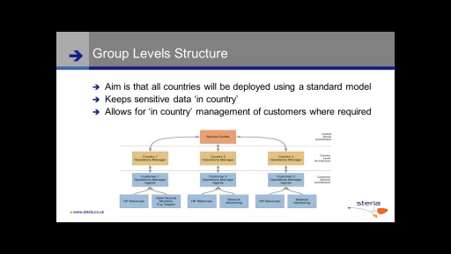What it also allows us to do, from a country level, is give visibility of country deployments to the staff within that country. So we're not imposing the big brother type approach on our in-country staff, and what they've actually got is the ability to manage their customers using the deployment.